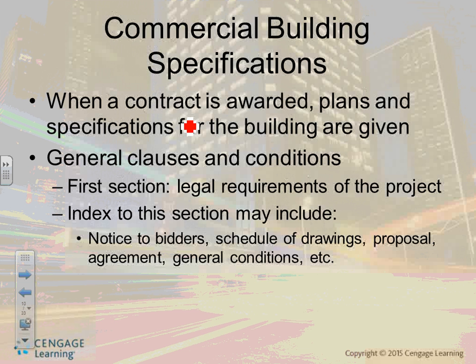Okay, moving into the contract, away from the safety. You can follow up with the book too and look at the contracts that we do. Commercial building specification. When a contract is awarded, you're going to have as part of it your plans and specifications.